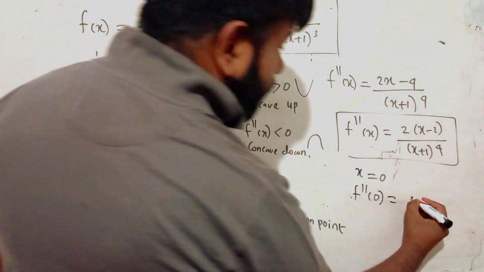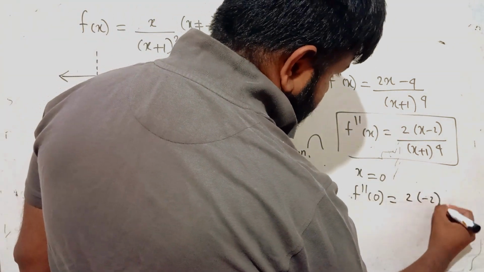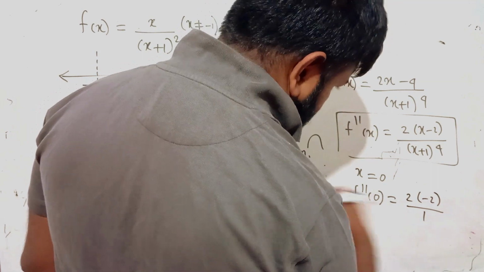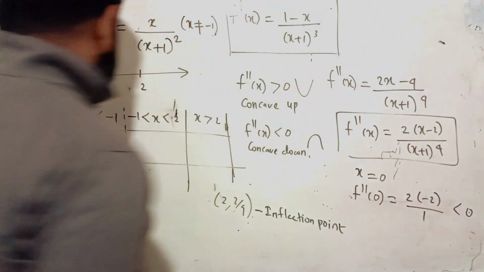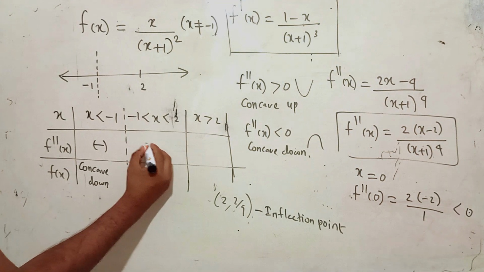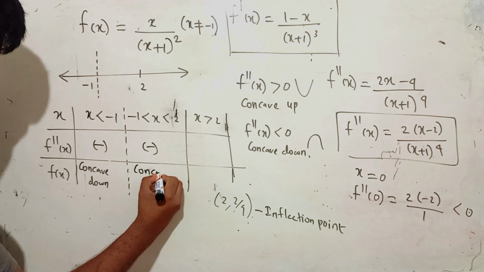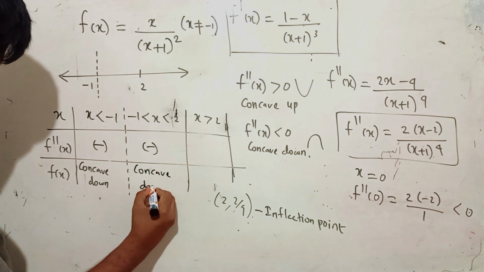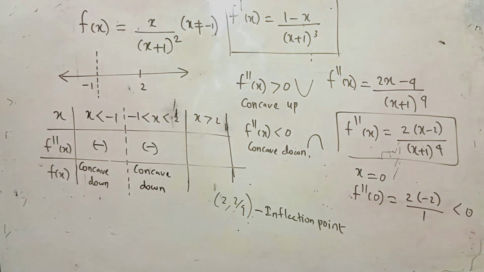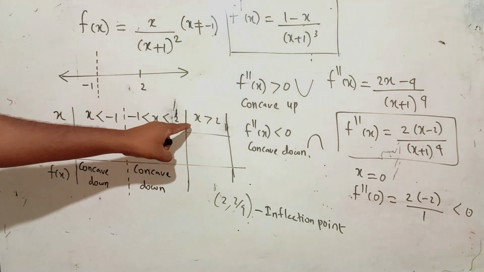Substitute 0 here: 2 times 0 minus 2, and the denominator is 1. It's negative again, so it's concaving down.